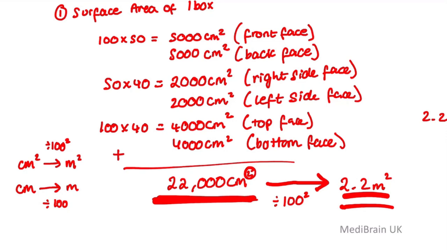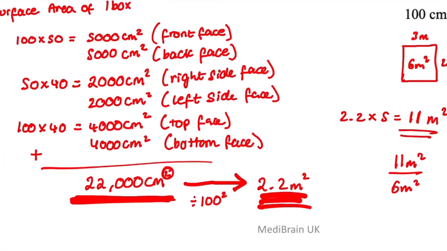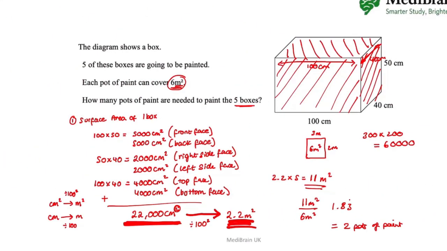So when you convert it into meters squared, you're going to get this 2.2 meters squared. That's your surface area of one box. And then because we have 5 boxes, you're going to multiply the surface area by 5. So 2.2 times 5 is going to give you 11 meters squared.